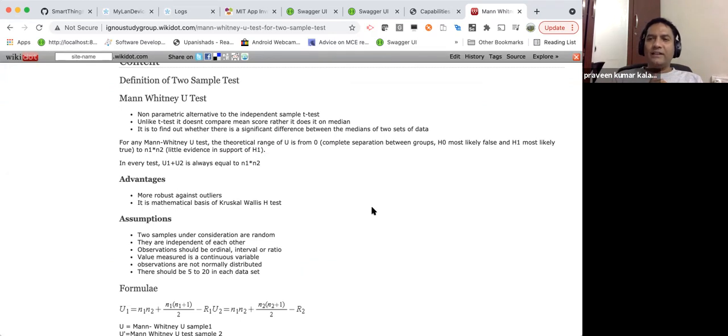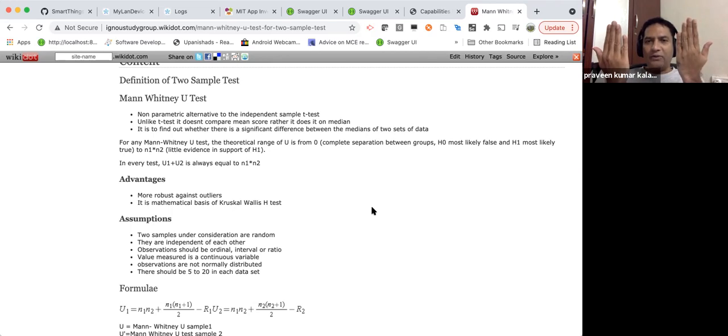When you are trying to compare two things and draw a conclusion, that's where the t-test is used. You take two groups and you test the hypothesis.